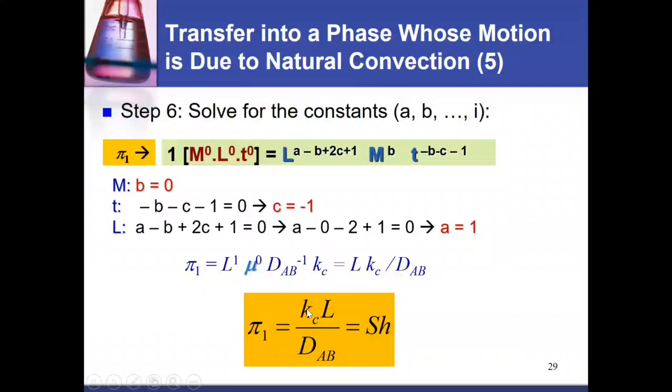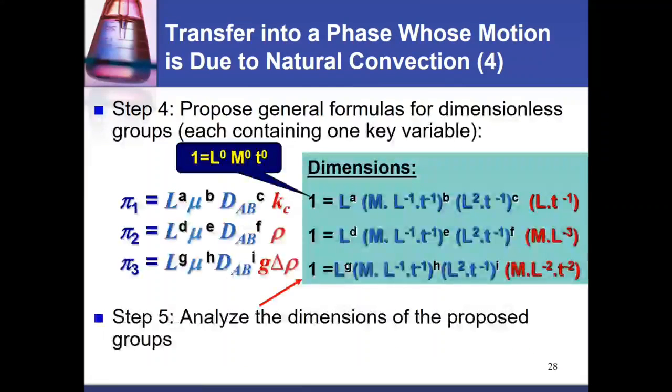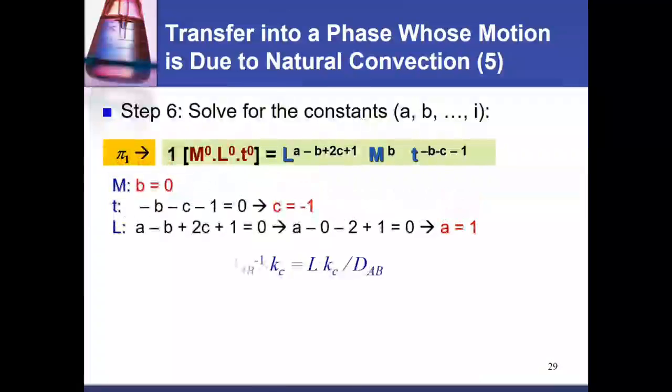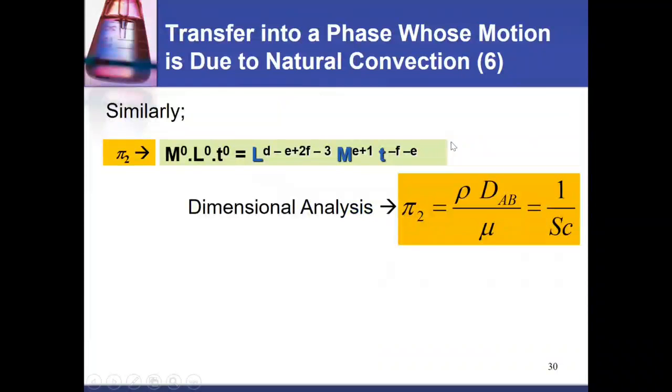it contains KC. And for pi 2 and pi 3, we have to analyze them again as we did with forced convection. So it will be M to power E and M to power 1, we get E, then T to power minus E minus F, we get E and F. E we got from here, we got F from T, and then we get D from the analysis of the dimension L. So that will be like this: rho times DAB over mu.